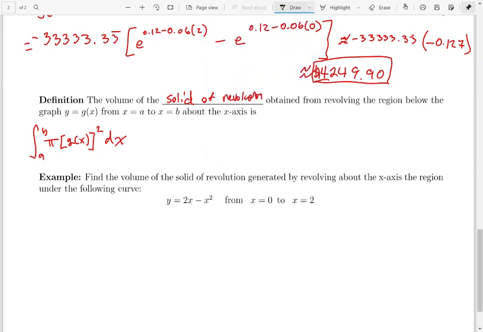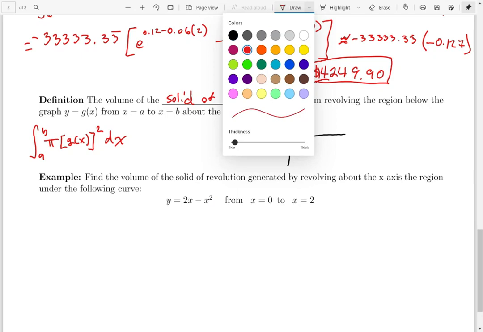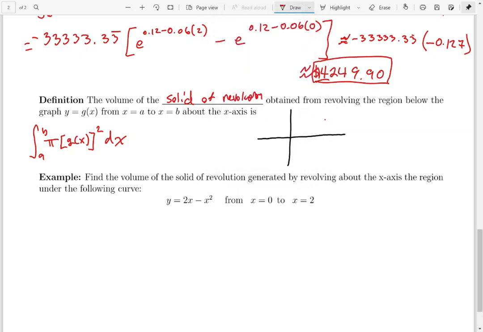And to give you an image of what's actually happening here, suppose that we have an xy coordinate plane. And then let's suppose that we have some function, g of x. I'm just going to do something kind of basic so we can hopefully see the shape. If this is our function, and let's say that this is A, and this is B.